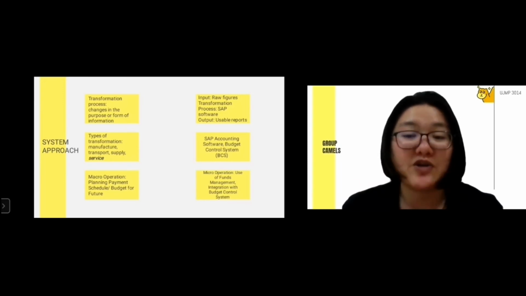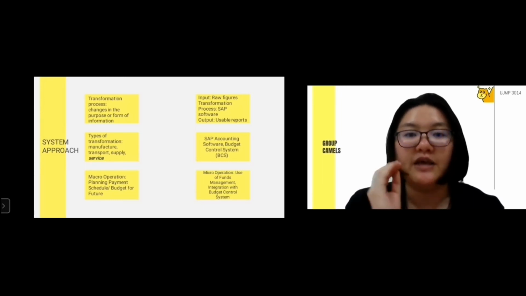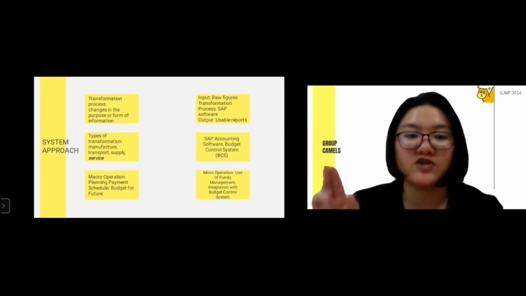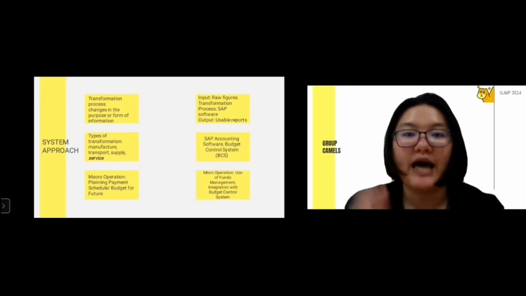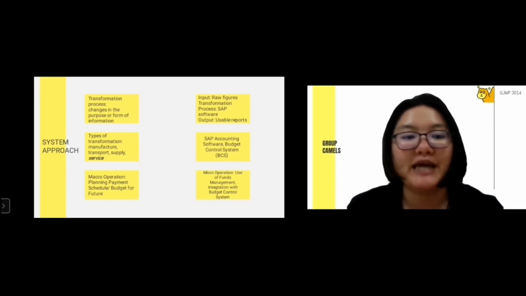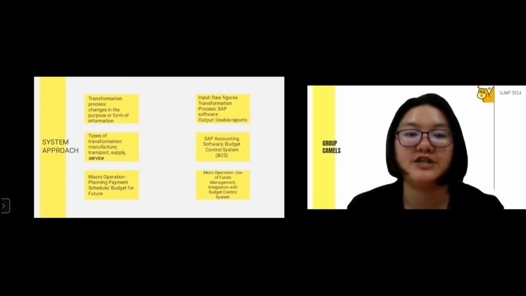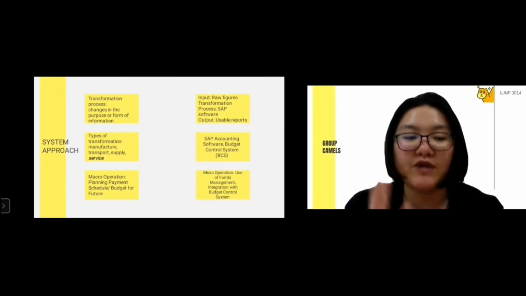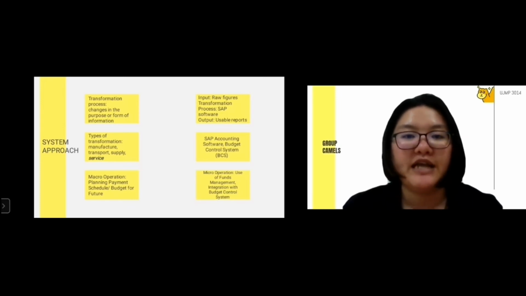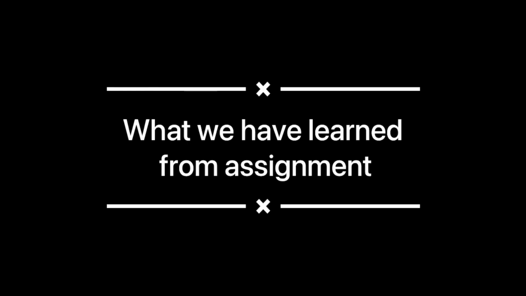This is then integrated into funds management, for example, so that later on the employees can further integrate with the budget control system and come up with a future planning payment schedule or a budget for the coming fiscal year. So the output is a readable or printable report that can be sent to all employees as well as the top management.